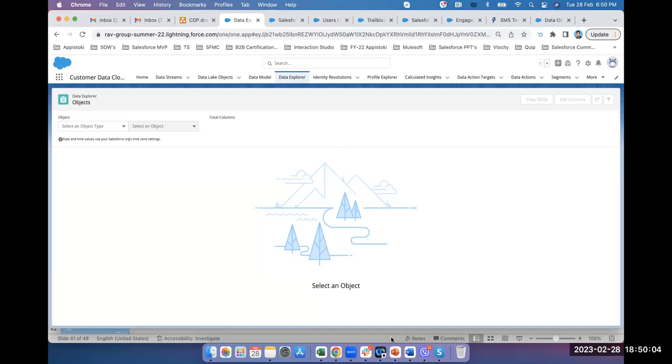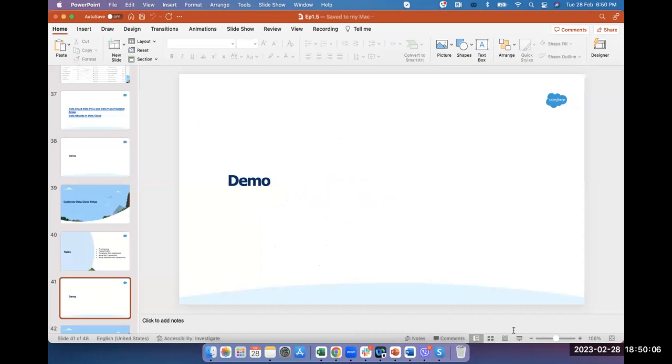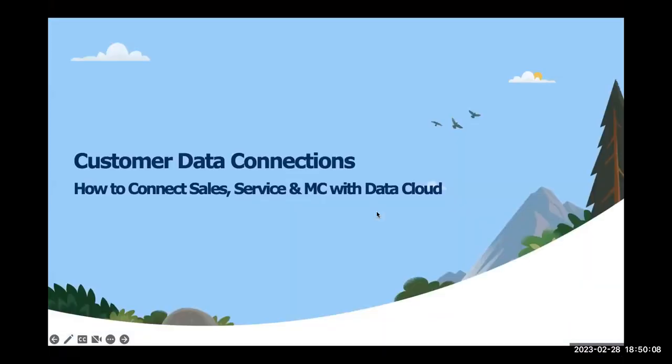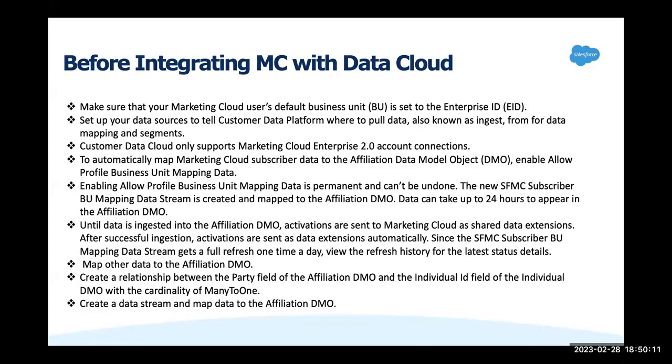Yeah, so pretty much this. So let's go back to our presentation. There are some things I would like to highlight, especially on Marketing Cloud, when you're integrating Marketing Cloud with Data Cloud. As Subramanya said, make sure that your Marketing Cloud user default BU is set to Enterprise ID while you're connecting Marketing Cloud, and while you're setting up your data sources to tell Data Cloud how to pull data, and what kind of data mapping and segmentation is going to be leveraged in Marketing Cloud.